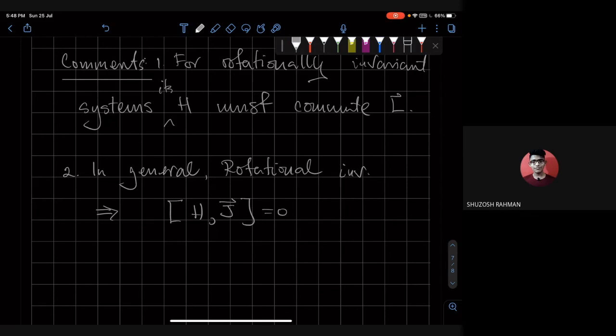Okay, any questions? Sir, since it's Hermitian, since it's the Hamiltonian or energy, can we say that it applies for momentum as well?